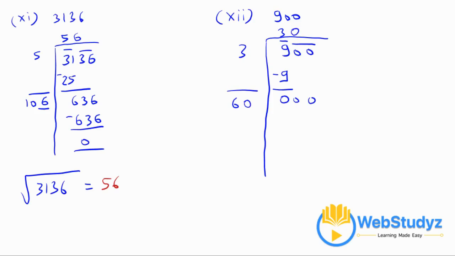So if we multiply 60 by 0, we will get 0, so this will manage. Now under root of 900 comes out to be 30.